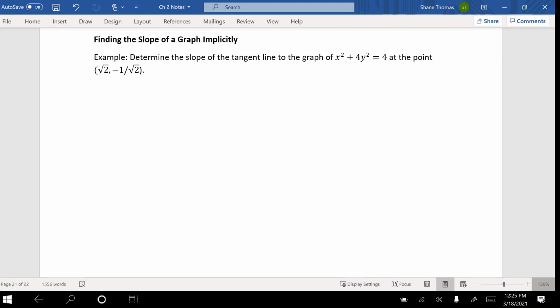All right, so let's go ahead and differentiate this guy. So we're going to find d/dx of both sides. We're going to go d/dx of x squared plus 4y squared equals d/dx of 4.